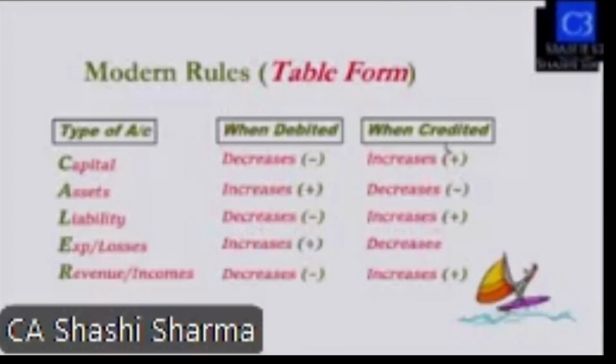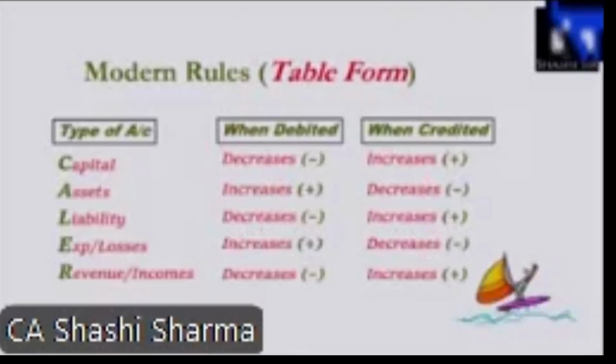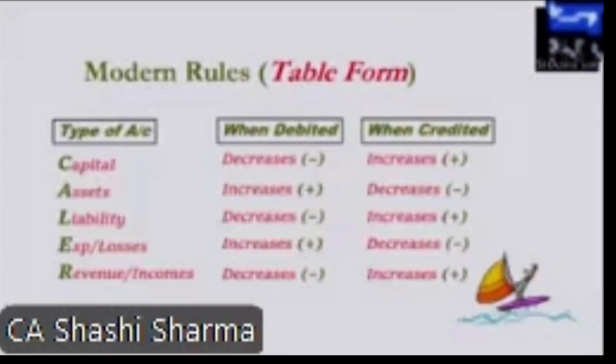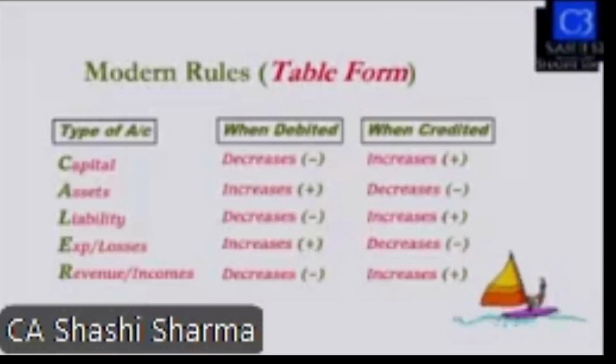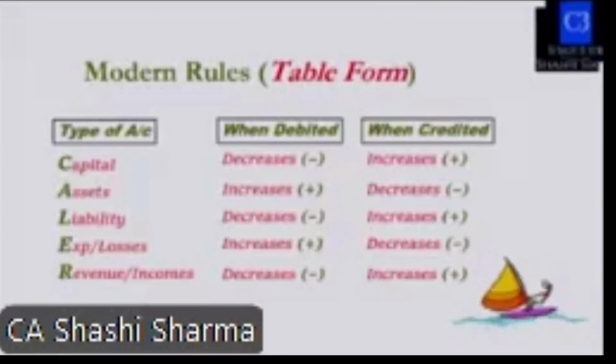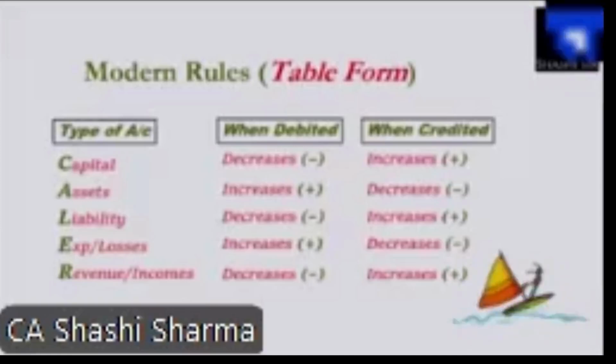If you are paying rent to someone, commission to someone, salary to your staff, then your expenses are increasing month by month. Every month you are paying cash to your staff as salary. So your expenses are increasing. So whenever you make a payment towards salary, you will debit salary account.